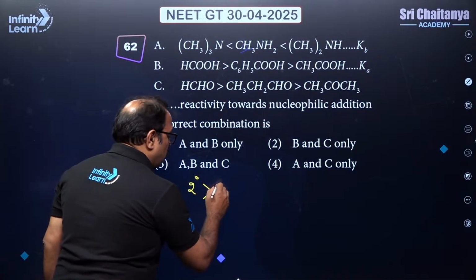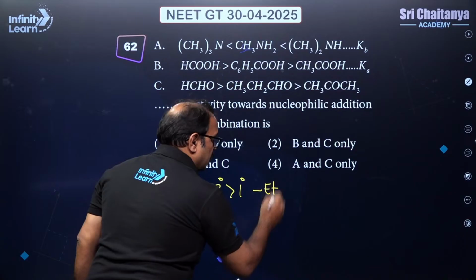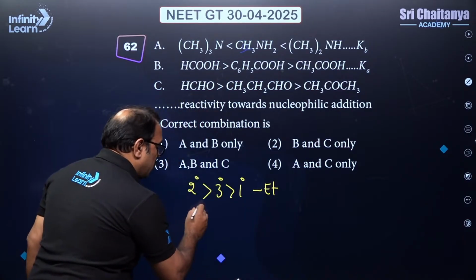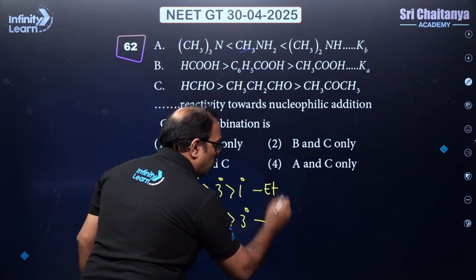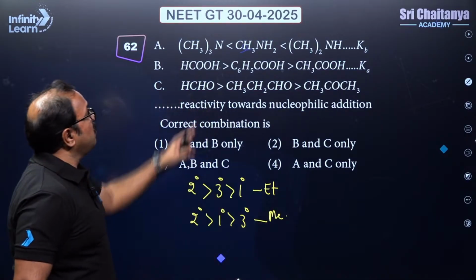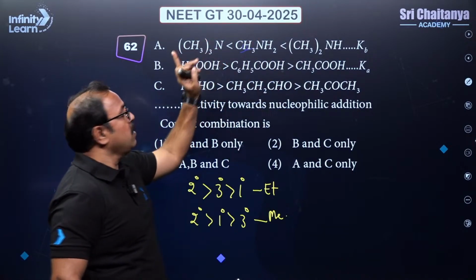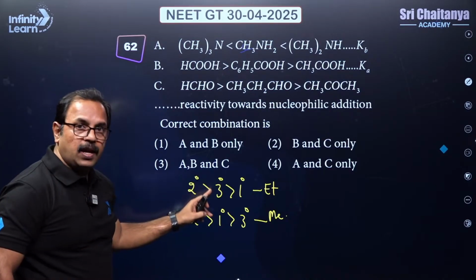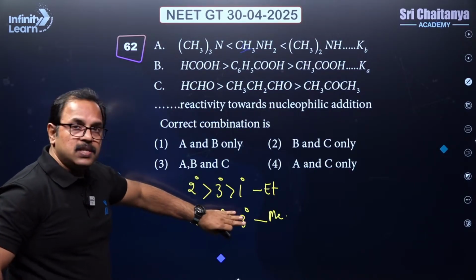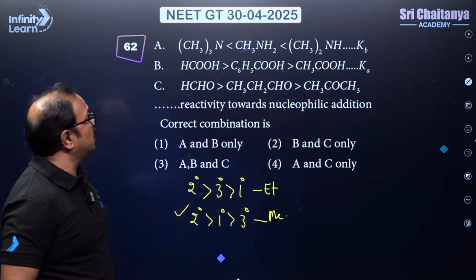Secondary will be more than tertiary, more than primary if the alkyl group is ethyl. Secondary is more than primary, more than tertiary if the alkyl group is methyl. So in this case he has given methyl only. So what he is saying is secondary is more than primary than tertiary. Of course I have told you also about ethyl, the reason being that this is usually discussed with methyl or ethyl. So in that context you have this question.